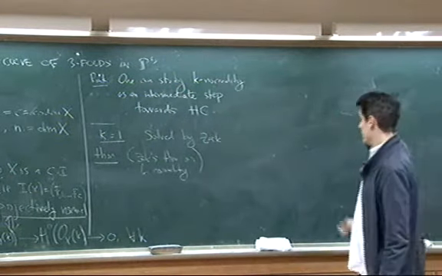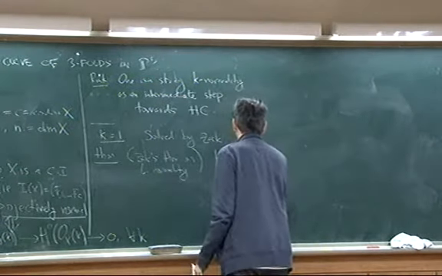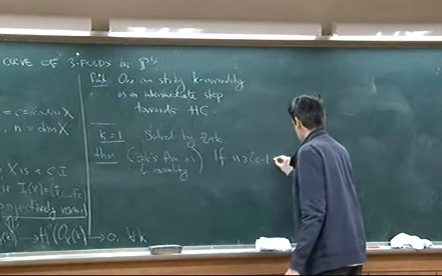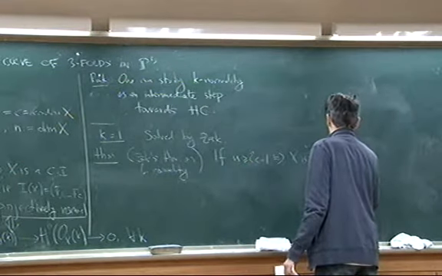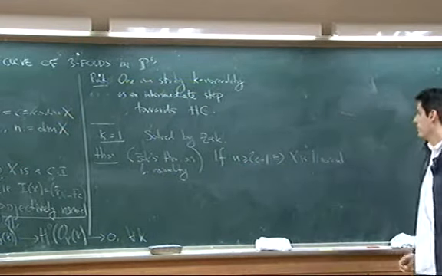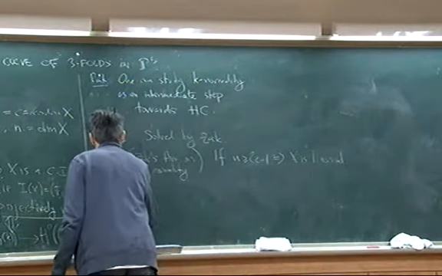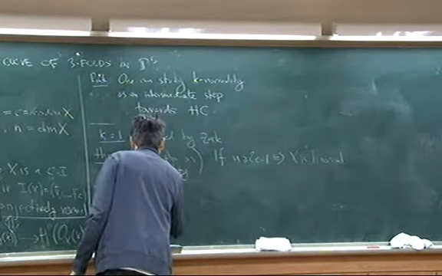This theorem says that if n is greater than 2c minus 1, then X is linearly normal, or one-normal if you prefer.